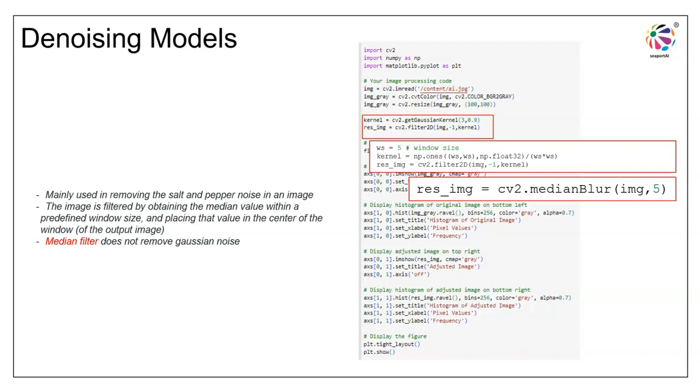This line applies a median blur to the image using a 5 by 5 pixel neighborhood. For each pixel in the image, it looks at the 5 by 5 block of pixels centered on that pixel, sorts these 25 pixel values, because we need to sort in the case of median, and replaces the original pixel value with the median of these 25 values.